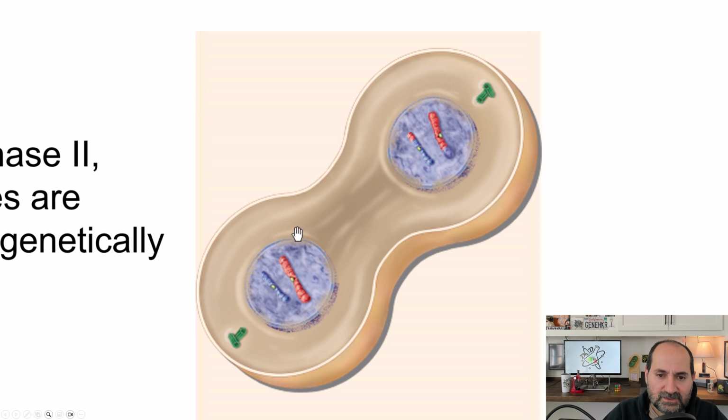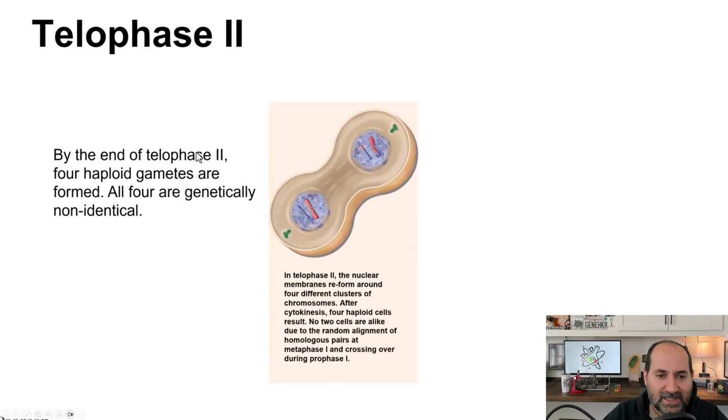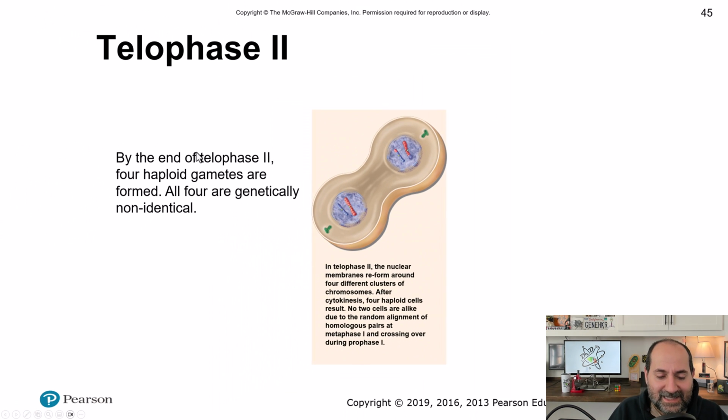So because of crossing over, these two cells are not identical. And if you're curious, because of independent assortment, these two are not going to be identical to the other two. So what that means is at the end of Telophase II, at the end of Meiosis II, this results in 4 genetically non-identical gamete cells.